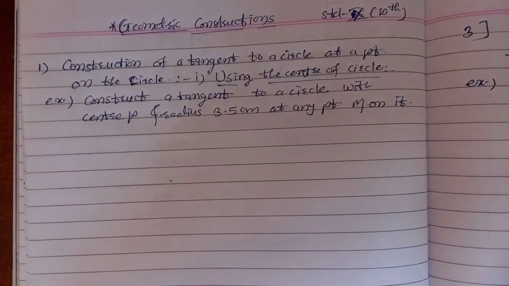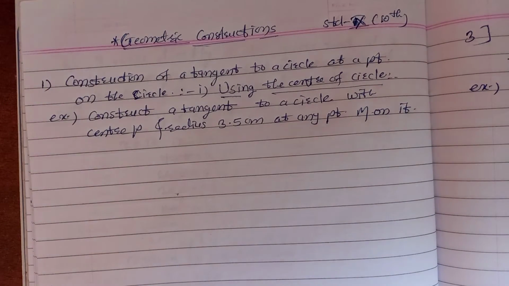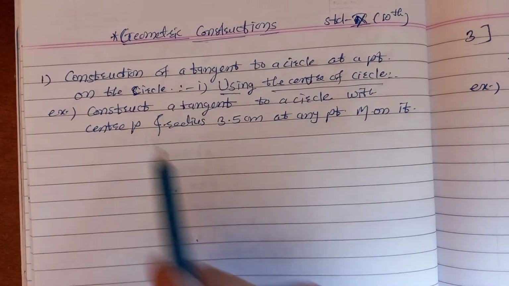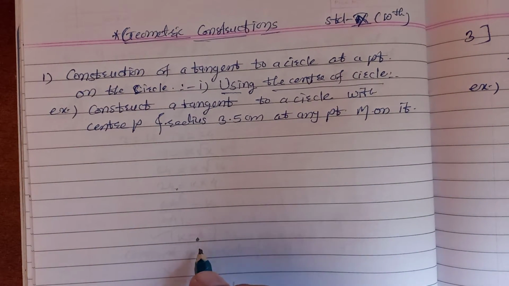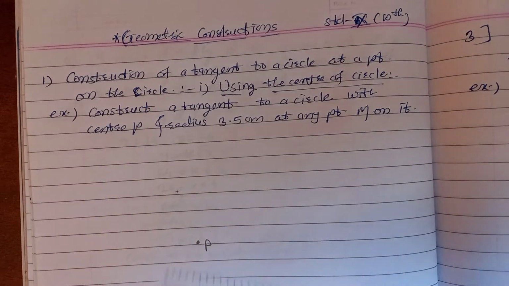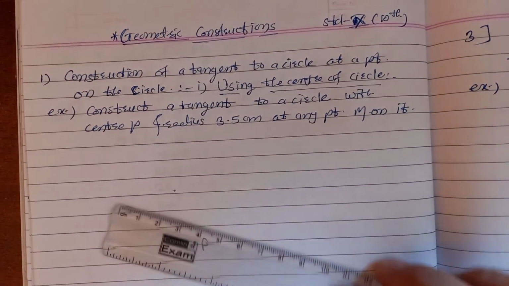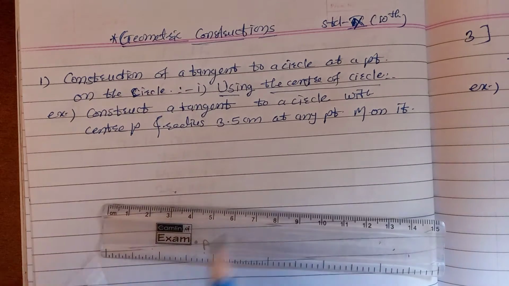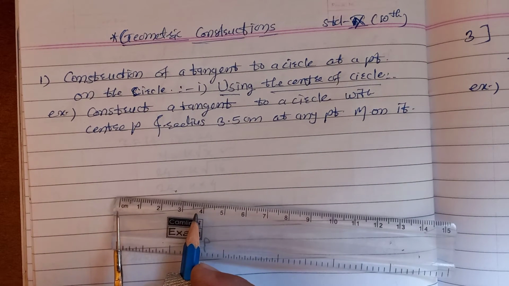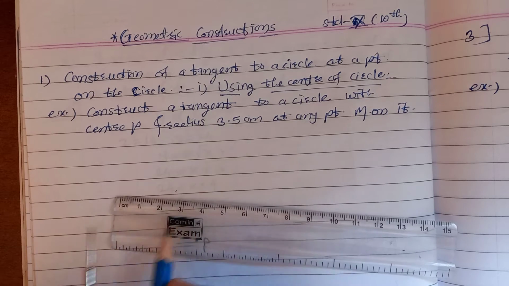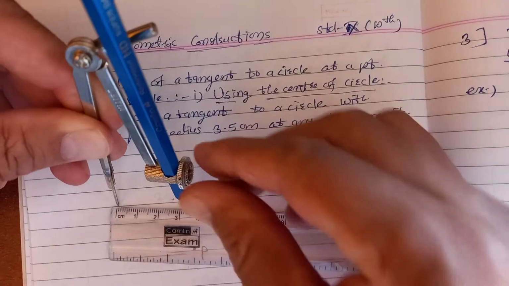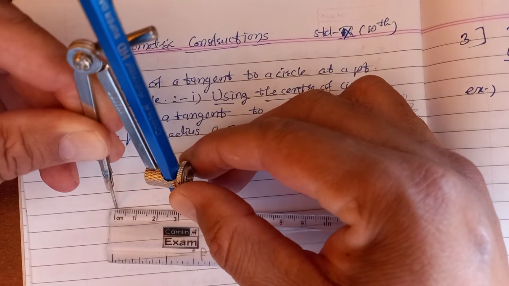So now here you have to take first the center. Suppose this is the center, the name of the center is given, center P. Then take a scale. The distance is the radius, 3.5 centimeter. So from this point you have to take exactly 3.5 centimeter distance here. This is exact, that should be 3.5.